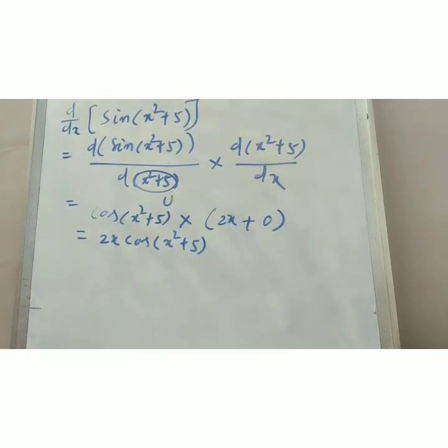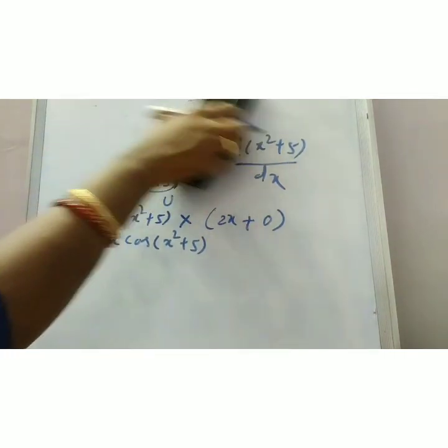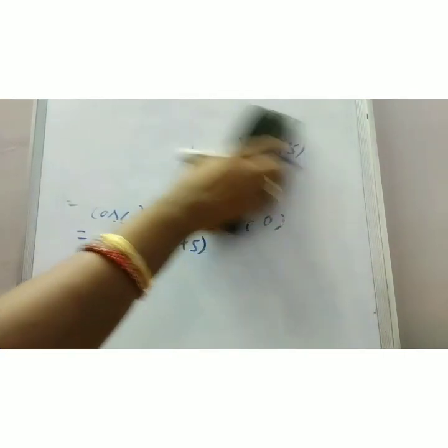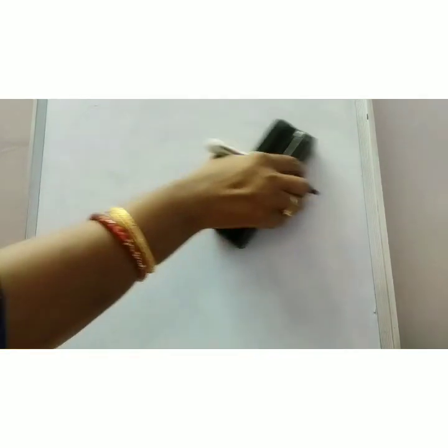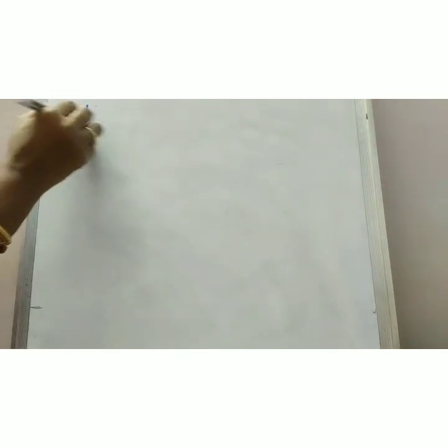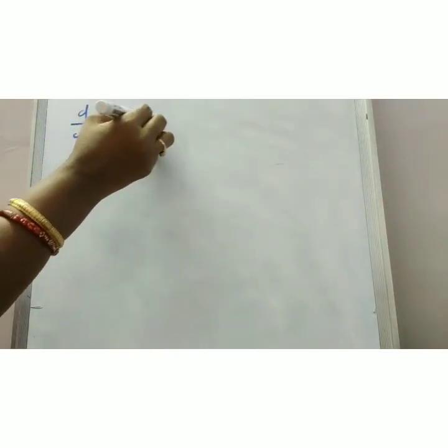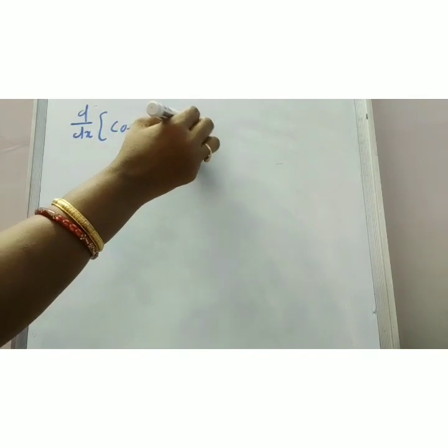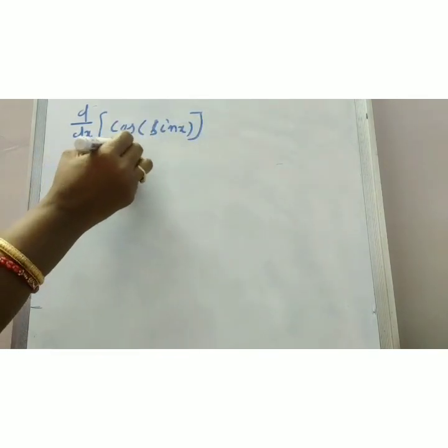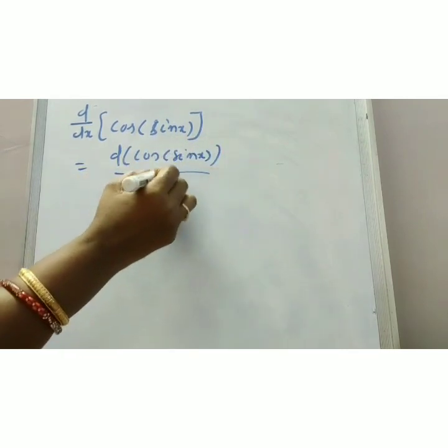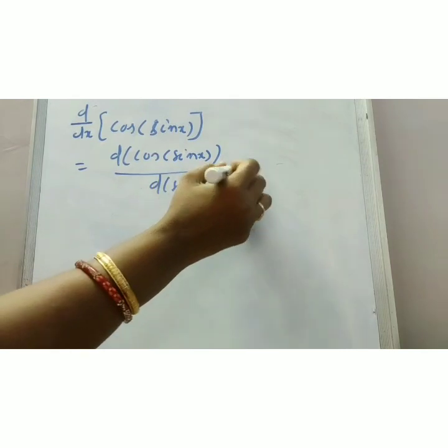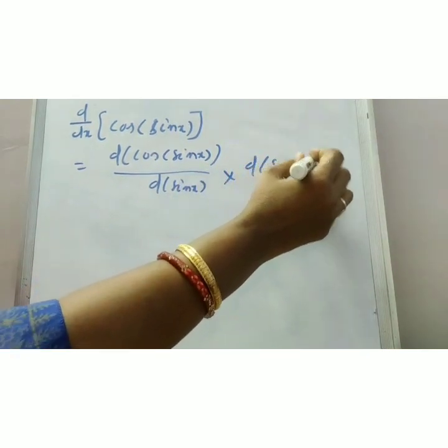This is your answer. Now suppose differentiation of cos sin x. How to differentiate cos sin x with respect to x? d by dx of cos sin x is equal to the derivative of cos sin x with respect to sin x, because cos sin x is a function of sin x and sin x is a function of x.